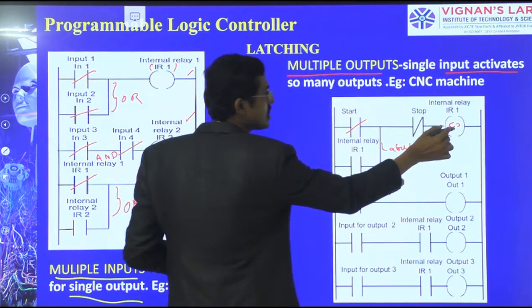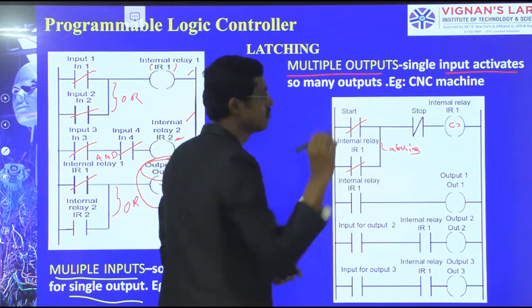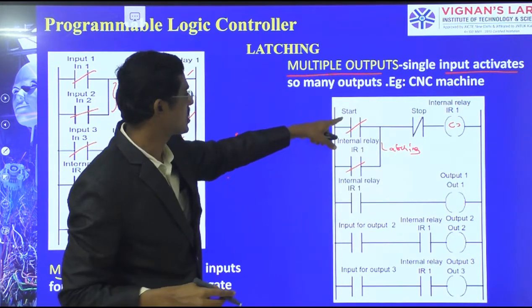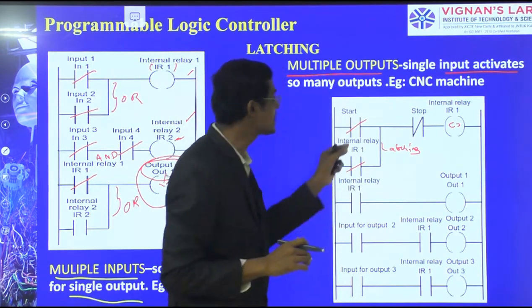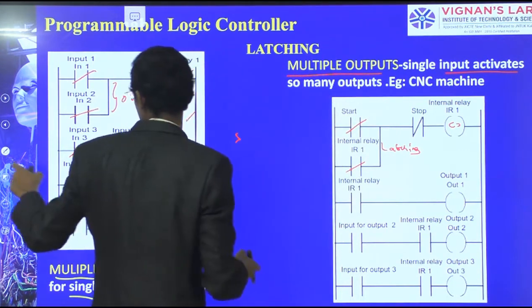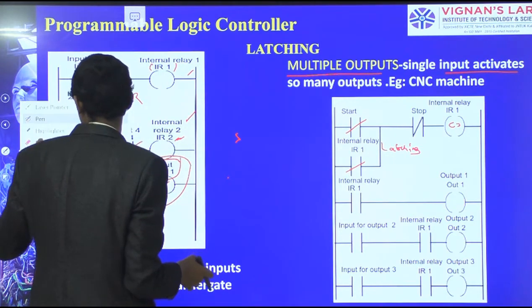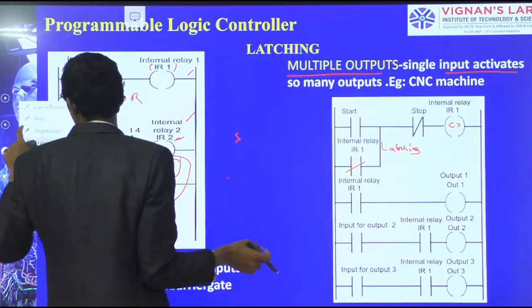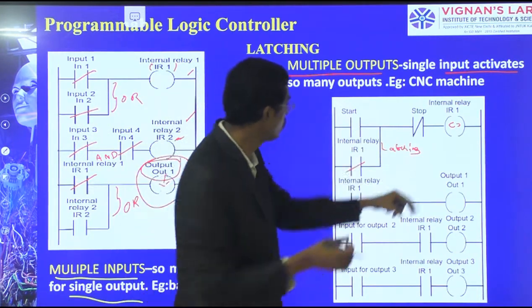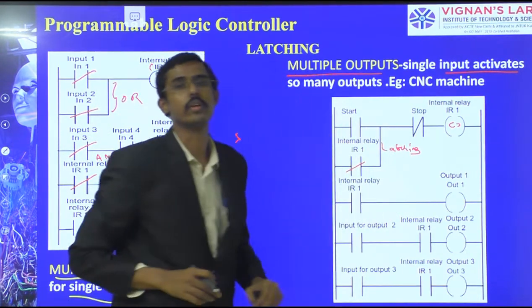And therefore this internal relay coil will activate this also. Let us consider the start is a push button. After starting, it will disconnect. Even if it is disconnected, what happens? You see, even if it is disconnected, we are getting a connection through this point. It is moving.